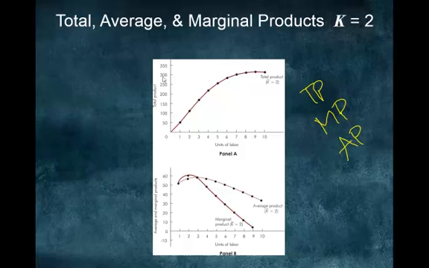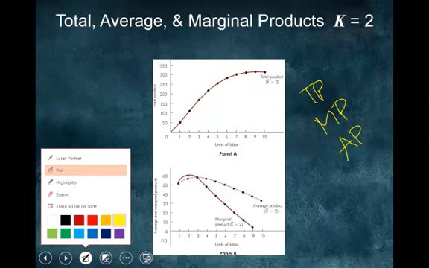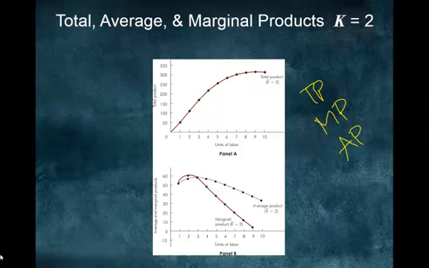Up to this line, let's take a color to identify this. The TP is increasing, MP increases, and AP increases. Up to this level, point 2, this is stage 1, S1. Why? Because at this level all three functions increase. But here, MP and AP decrease while TP increases.